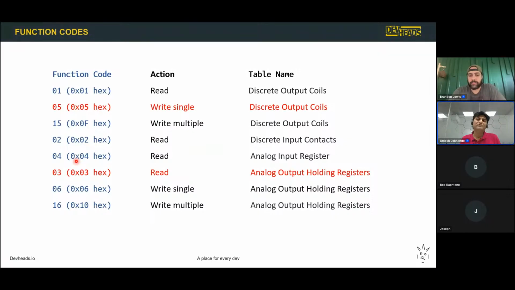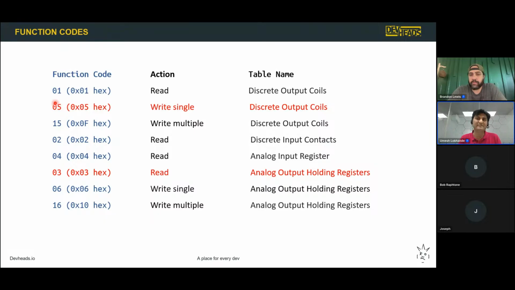Now let's talk about function codes, because if you remember, in the Modbus TCP frame format I talked about something called function codes. Now there are a lot of different function codes, right? You can see the list here. First, what is a function code? A function code is a number, a code which defines what action we want to take. So for example, let's take function code 5.